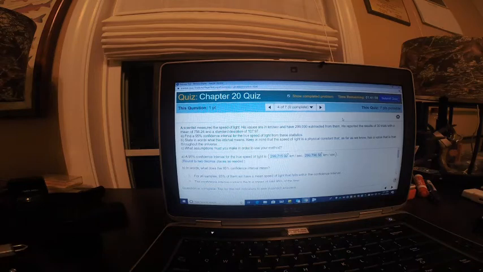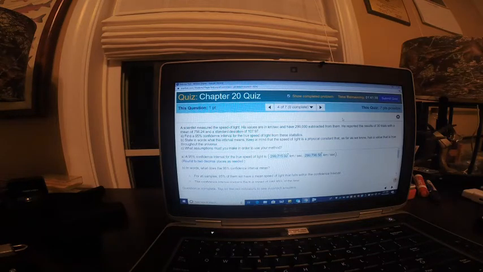Question number 4 says a scientist measured the speed of light. His values are in kilometers per second and have 299,000 subtracted from them. Okay. I had a few people email me about this one. That's typically where they messed up, is they didn't account for this little piece right there. He reported the results of 30 trials with a mean of 756.24 and a standard deviation of 107.97.